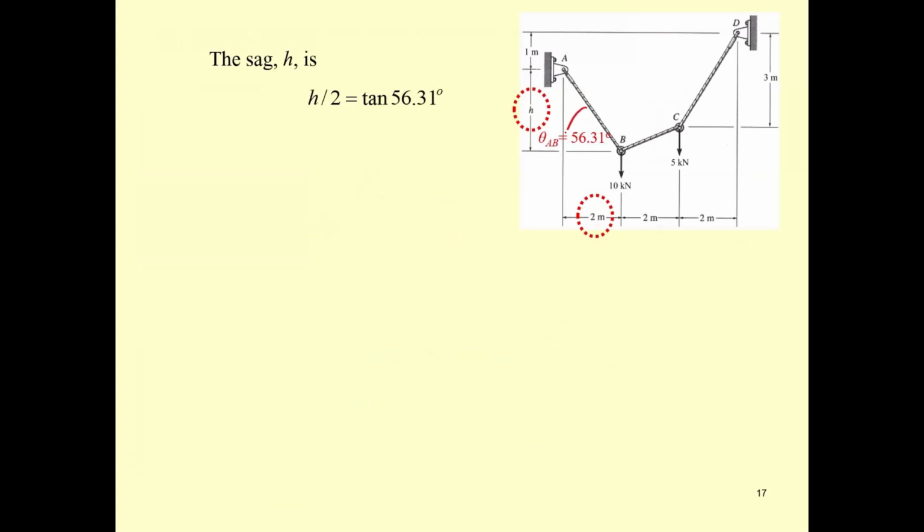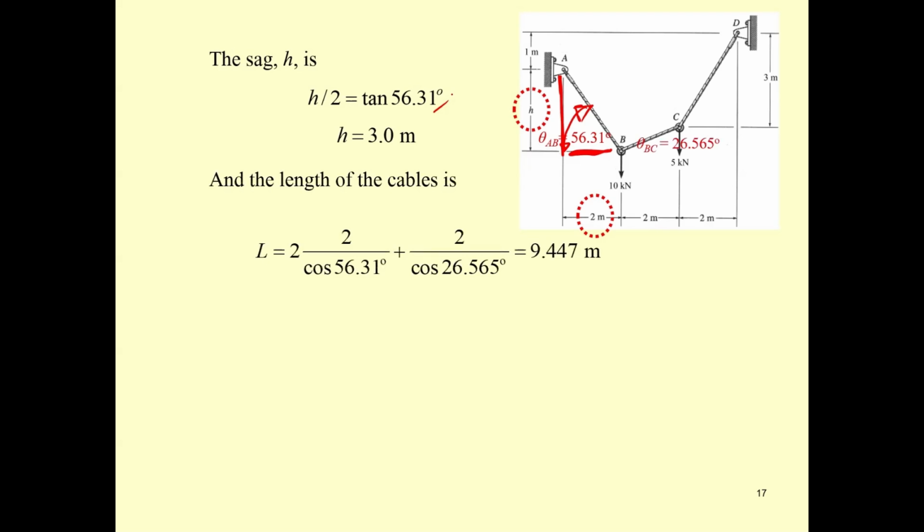Since this is going to be the angle, H over 2 is going to be tan of 56.31. You can solve for H to be 3 meters. Okay, and then for the length, you may determine the length of this one, plus the length of this one, and then plus the length of this one. You may get the total length of the cable also. And then how do you get this one?